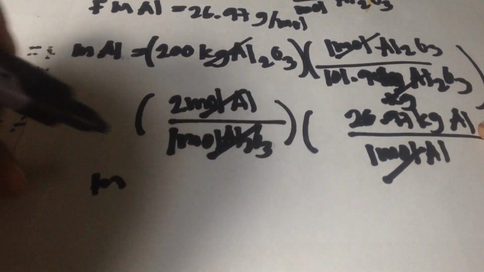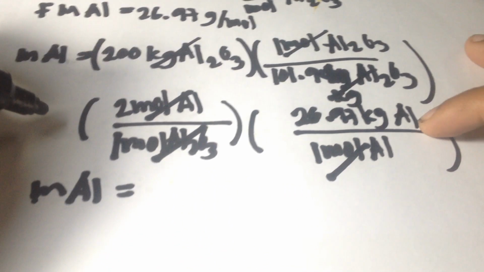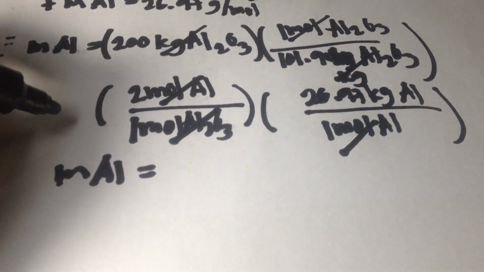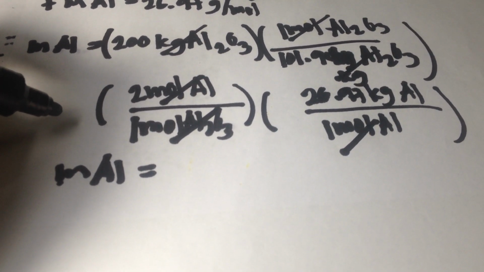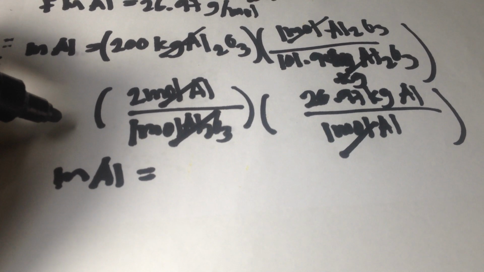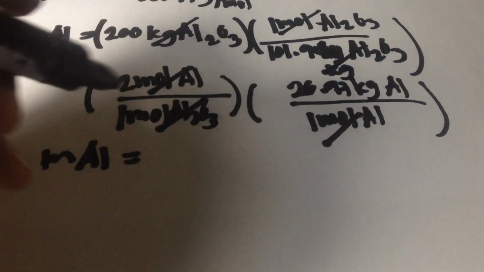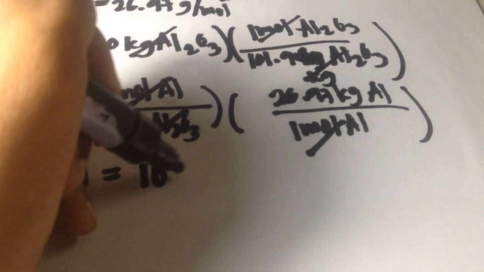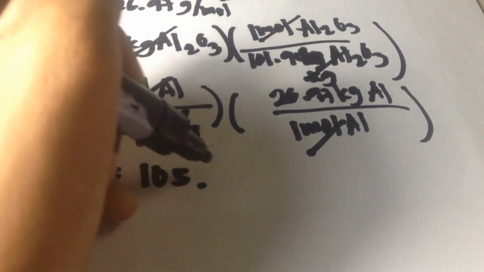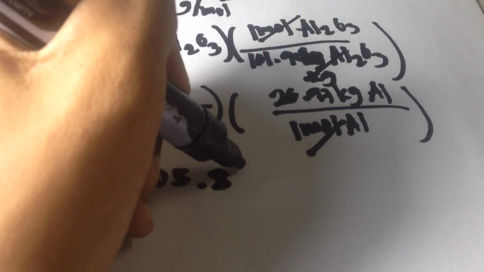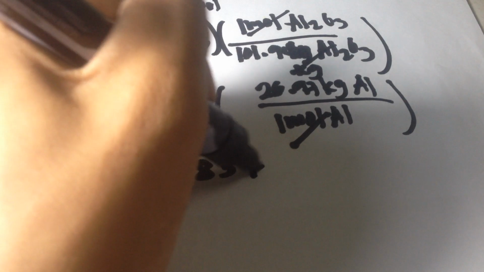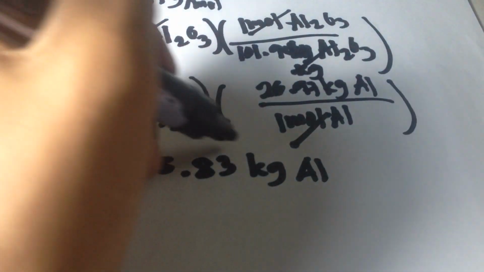So the mass of aluminum is 200 divided by 101.94 times 2 times 26.97, which equals 105.83 kilograms of aluminum.